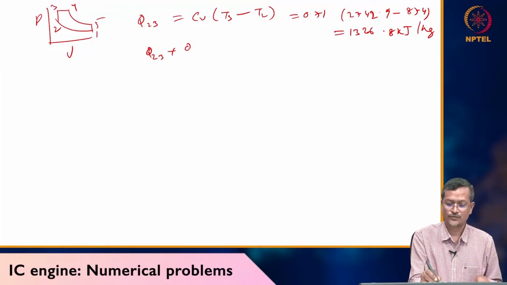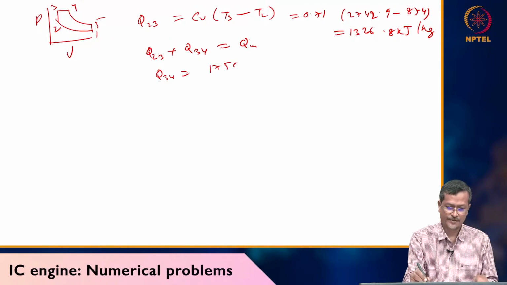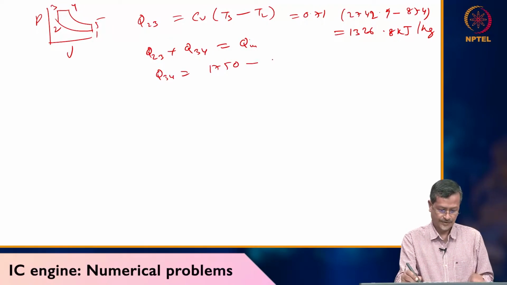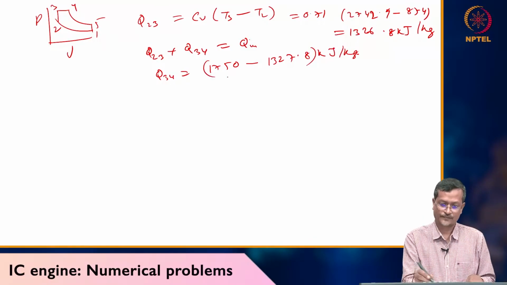Q23 plus Q34 equals total heat input. So Q34 equals total heat input 1750 given, minus 1326.8 we got already. So this would be giving 423.2 kJ per kg.